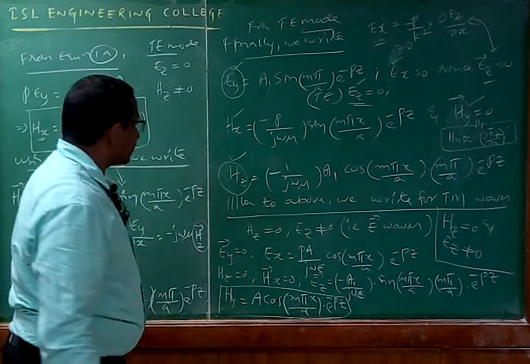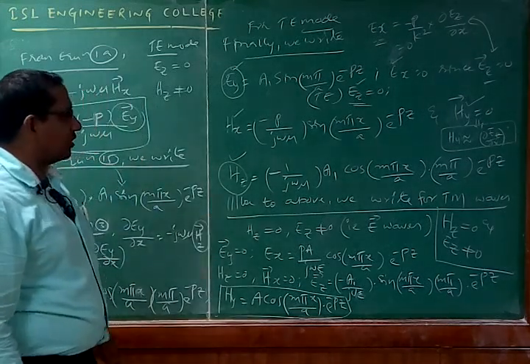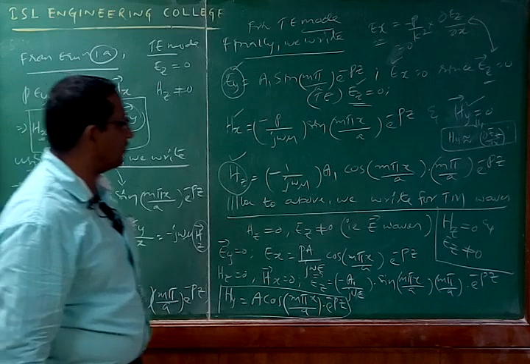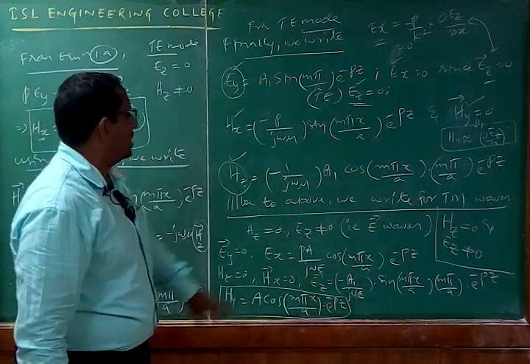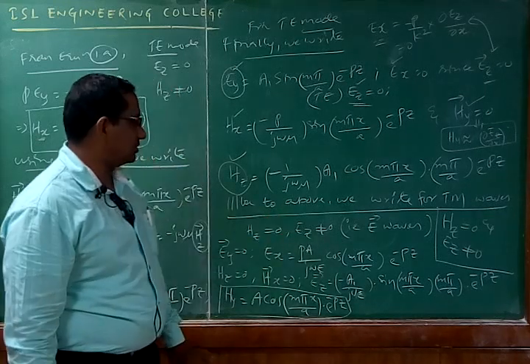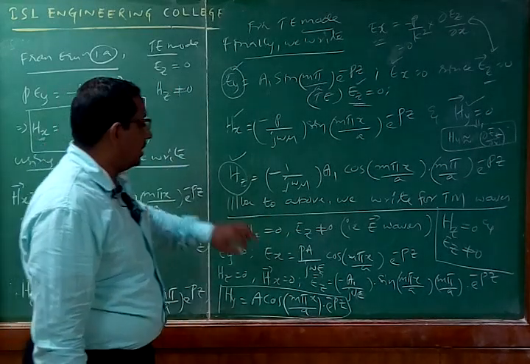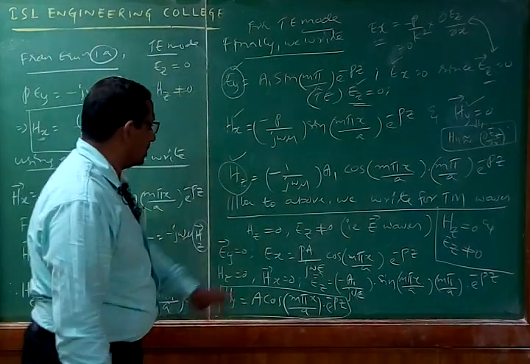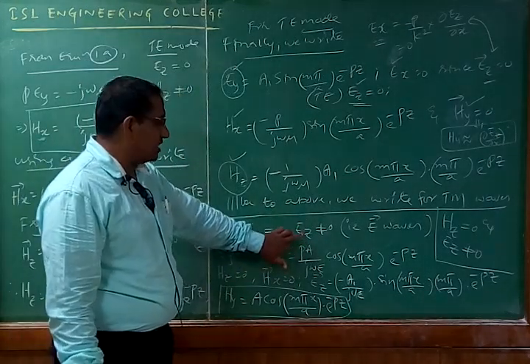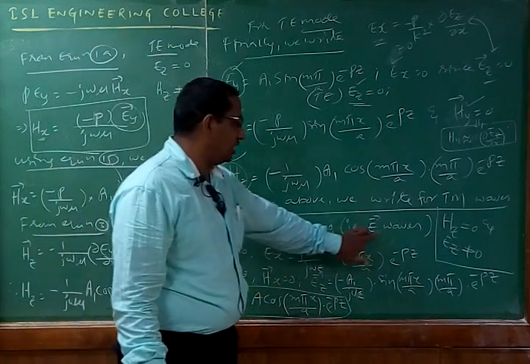When you compute that, what is the first and foremost thing we can write for TM mode? In TM mode, the Hz component is equal to 0, and the Ez component is not equal to 0. Ez is going to exist because these are E field waves.